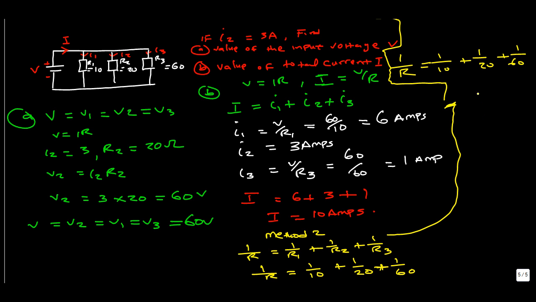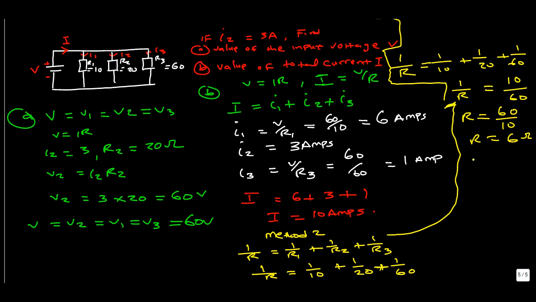That gives us 1 over R is equal to 10 over 60. So R is equal to 60 over 10, which gives us a total resistance of 6 ohms.